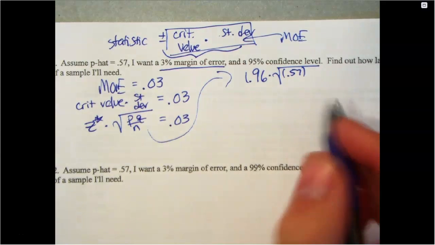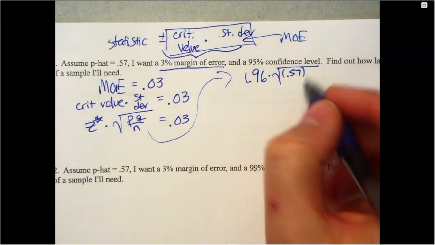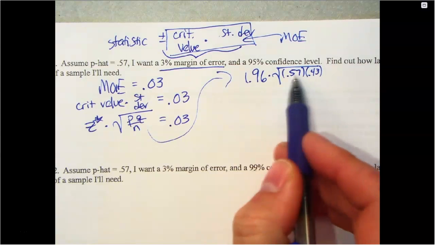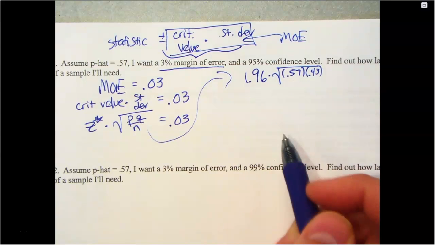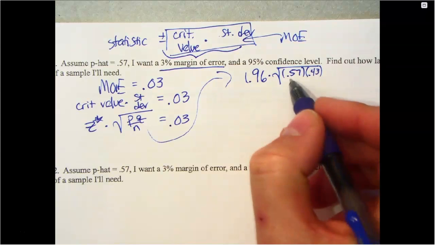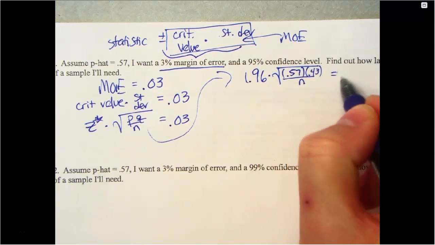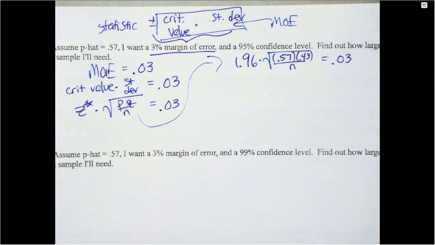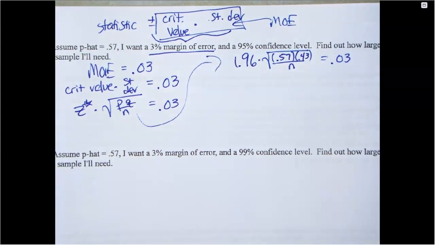So what's Q? 0.43, right? Because what has to be true about these two numbers? They add up to 1. And then N is what I don't know. That's what I'm looking for. And all that equals 0.03. So there's our equation. We've got to solve for N.